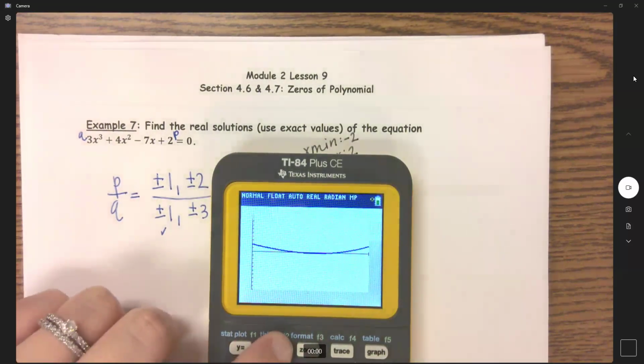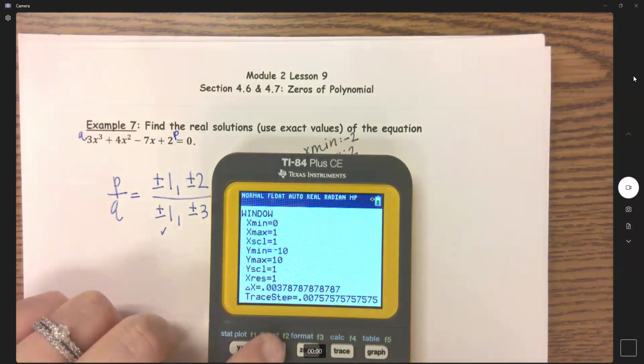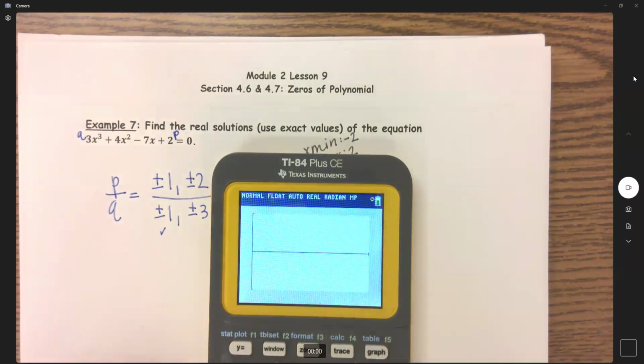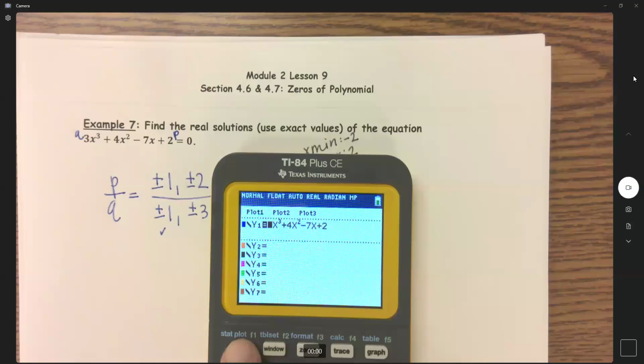And I'm maybe going to change that window a little bit more. And I'm going to go -1 to 1 on my y so we can see how it's crossing. It's crossing and crossing. So I actually have 2 right here, which I didn't think was right, but it is.